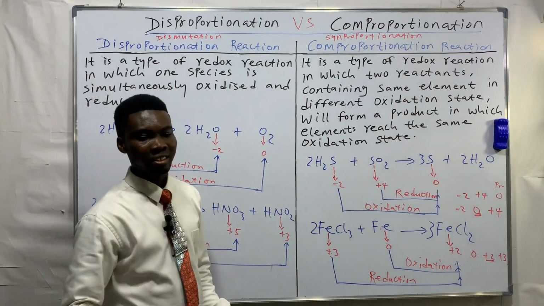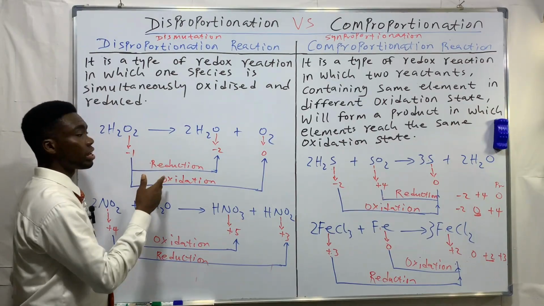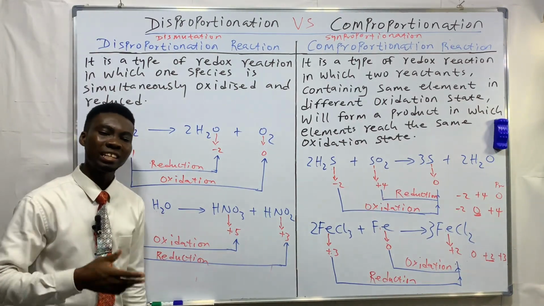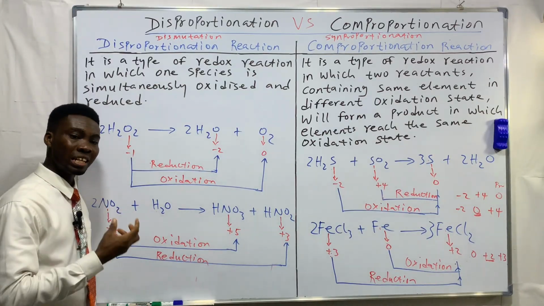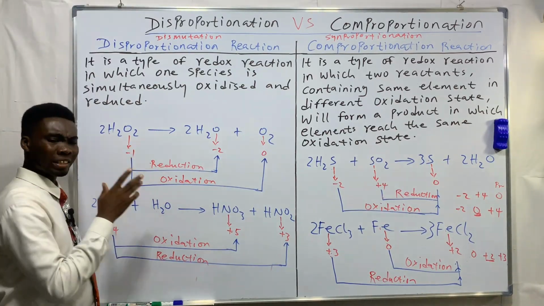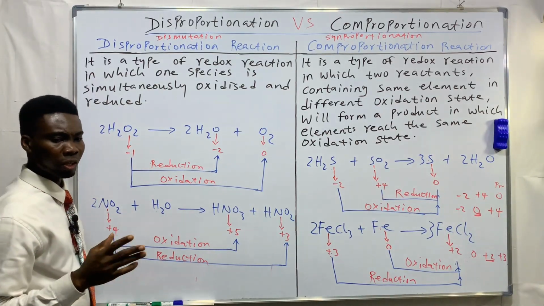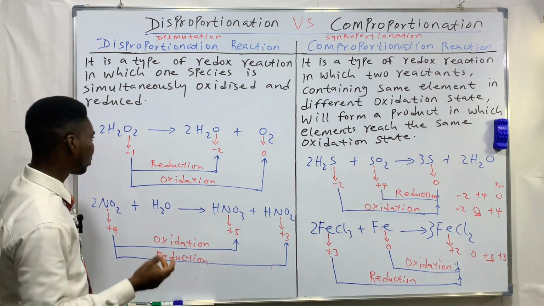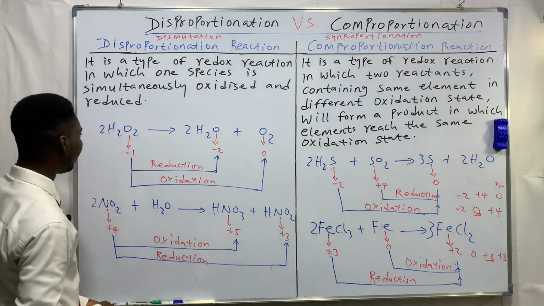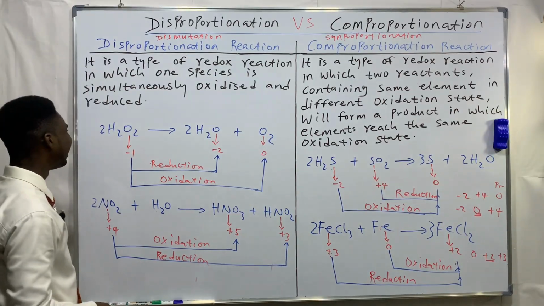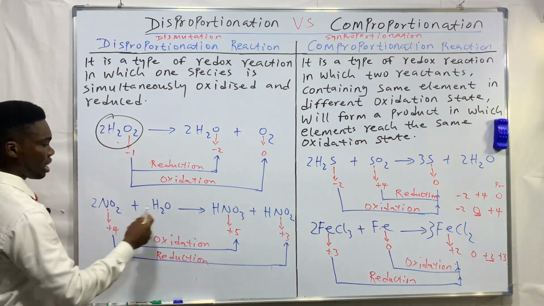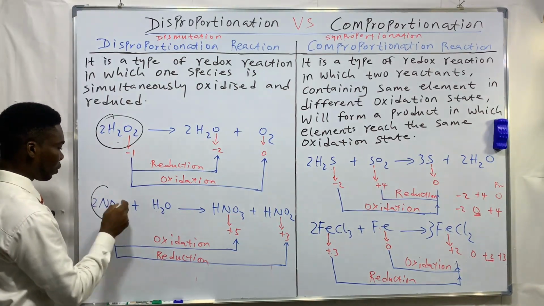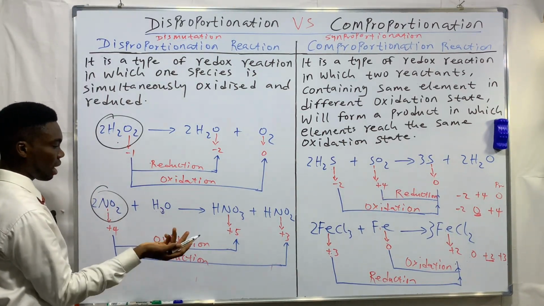All right. So lastly, disproportionation reaction typically involves a single species undergoing self-redox reaction. Look at it. The only species that is involved here is this one. Water is not part of the reaction.